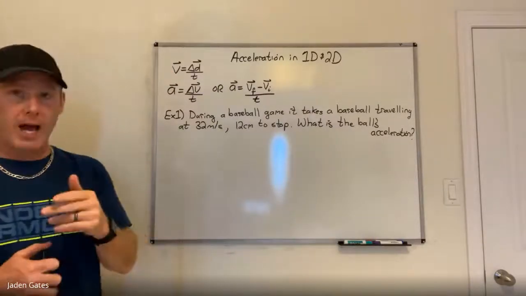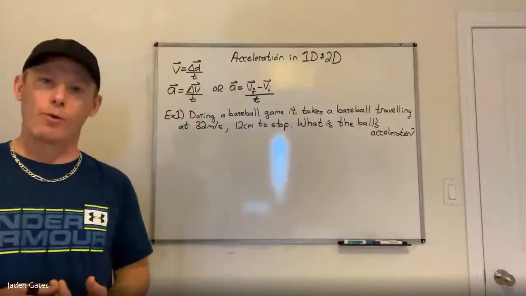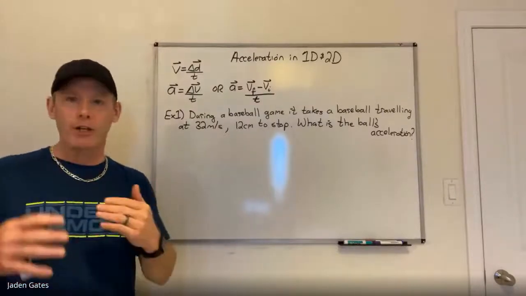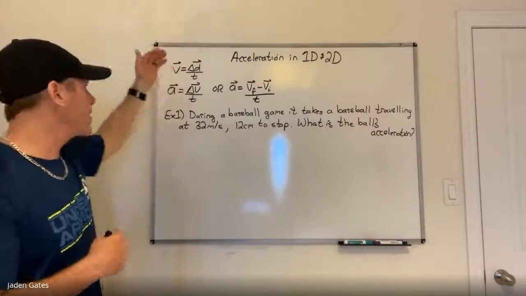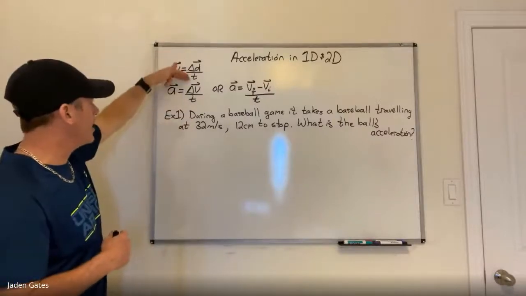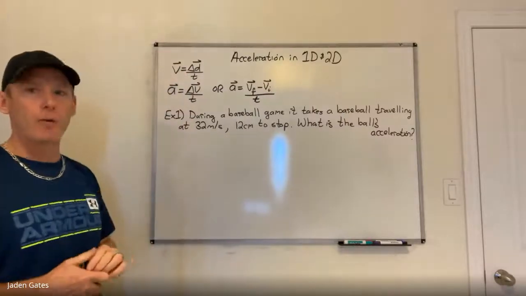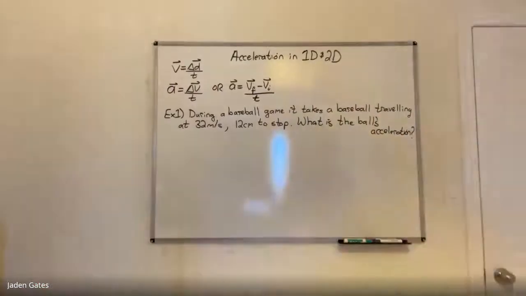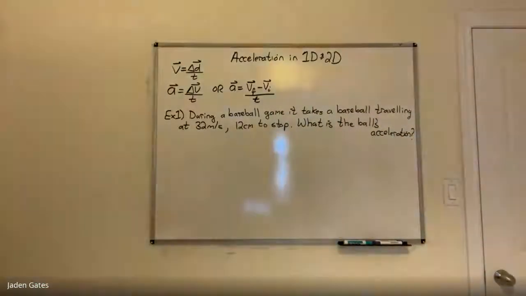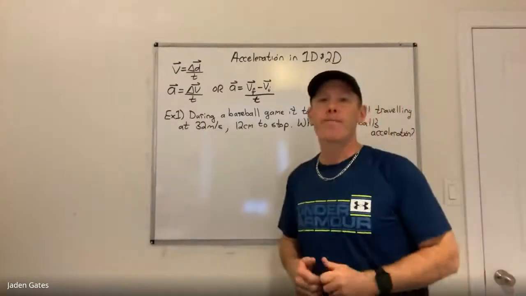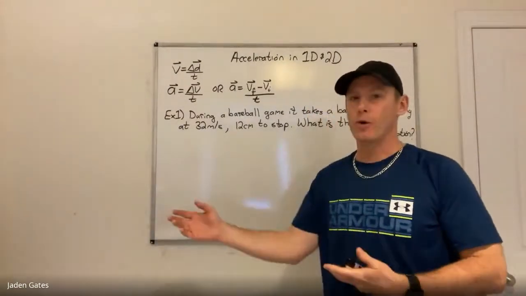But what else we looked at was that velocity is how much the displacement changes with respect to time. But when we're looking at acceleration, we're going to look at how much the velocity changes with respect to time. And because velocity is a vector, so is acceleration.